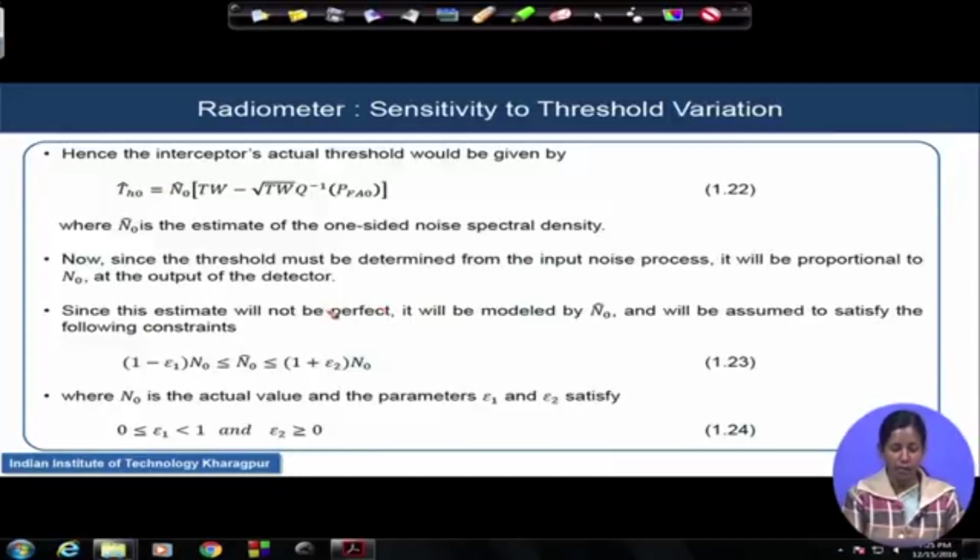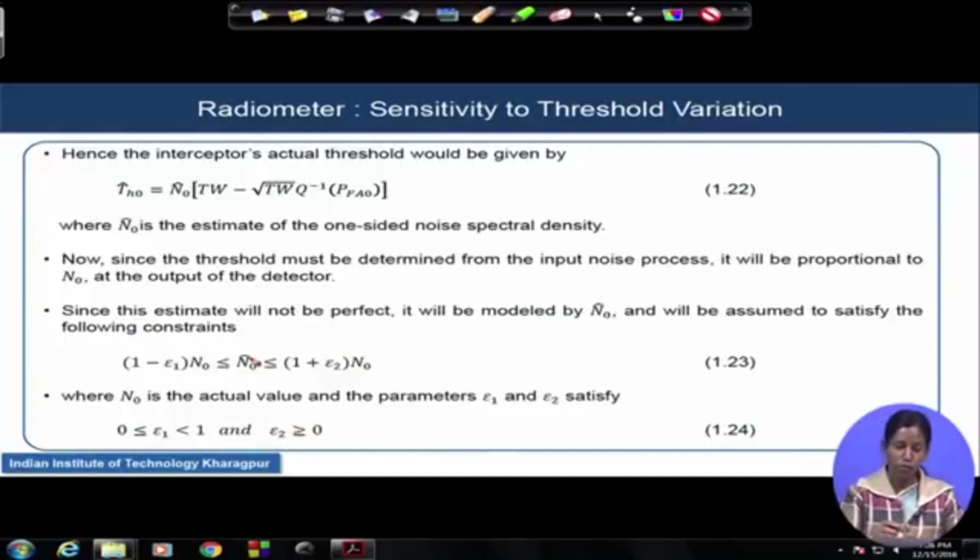If it is not perfect, it can be modeled by N0 hat, which will be assumed to satisfy a constraint. N0 hat, which controls the estimate TH0 hat when the estimation is not perfect, is given by these two constraints, where epsilon 1 and epsilon 2 are chosen such that epsilon 1 varies between 0 and 1, and epsilon 2 is greater than or equal to 0.